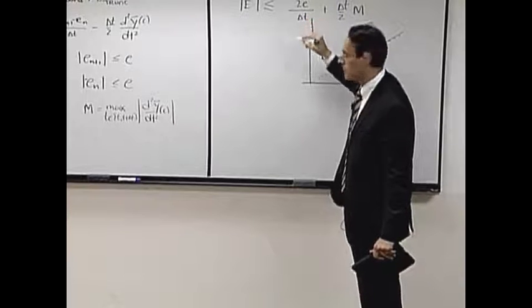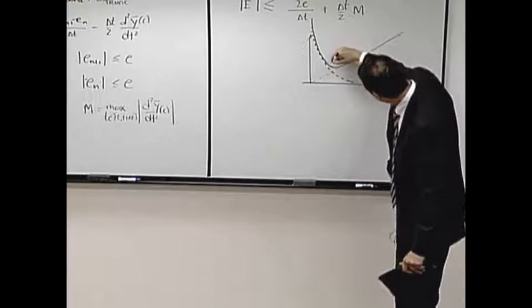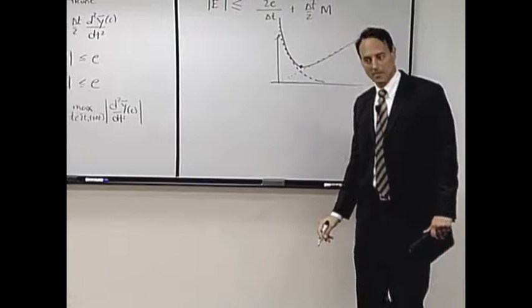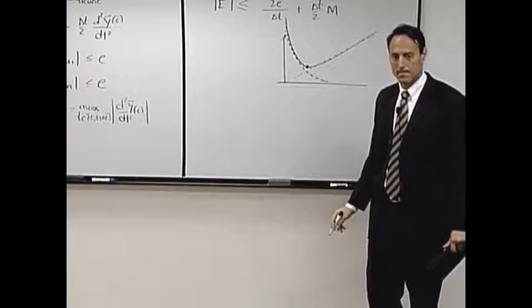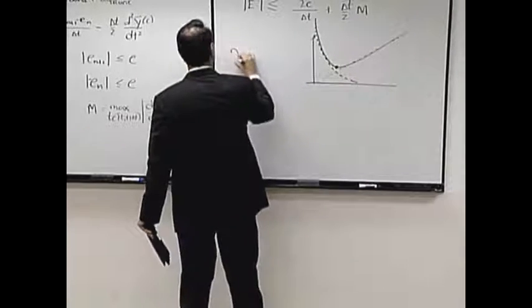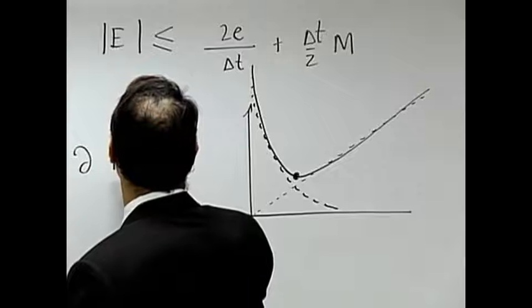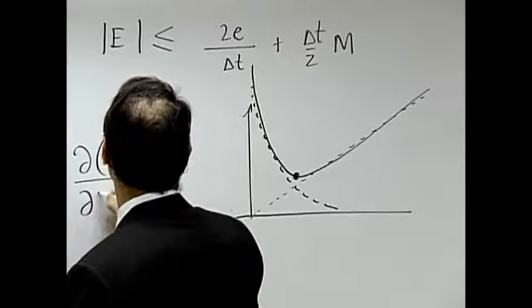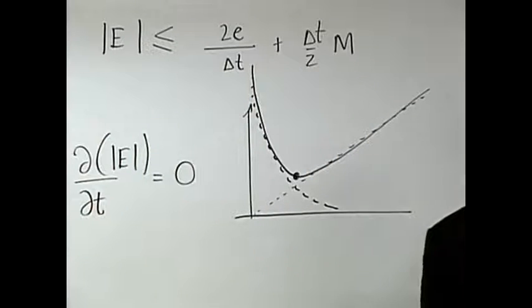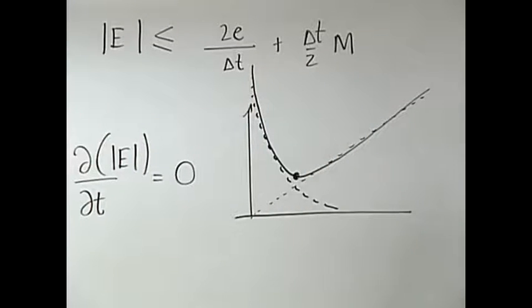It's a problem. Where is the best point? There. Now, I'm trying to find the minimum of that curve, right? So the minimum of that curve, what you could do is just take that formula there and say, I want to take this, differentiate with respect to t, set it to 0, and I know it's the minimum because there is no maximum error.